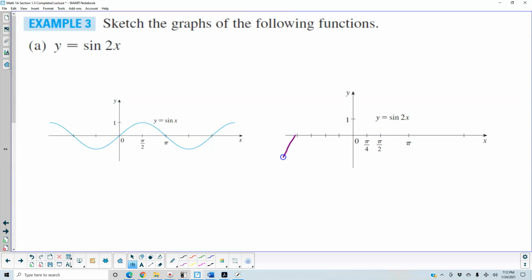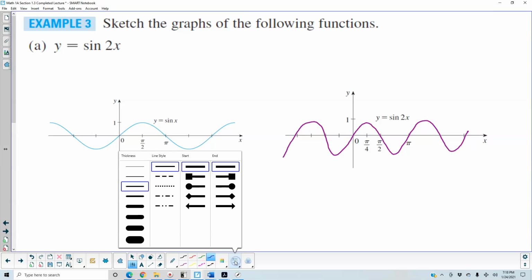So here we have our graph. It's going to go up here. So therefore, we compressed it by a factor of 2 horizontally.